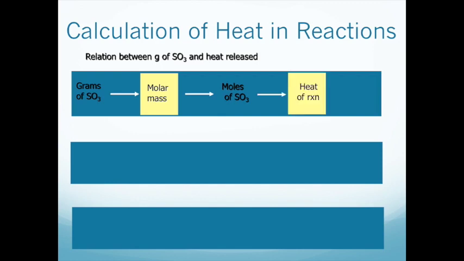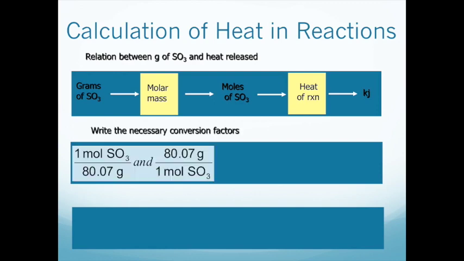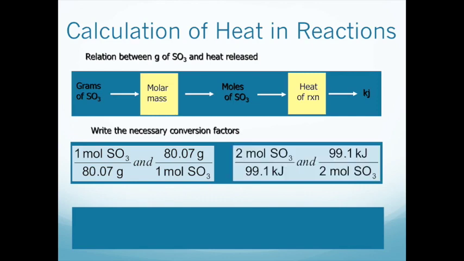And then we need to use the heat of reaction to find the number of kilojoules. So, necessary conversion factors in this case are 1 mole of SO3 weighs 80.07 grams, and for every 2 moles of SO3 produced, 99.1 kilojoules of heat are evolved.